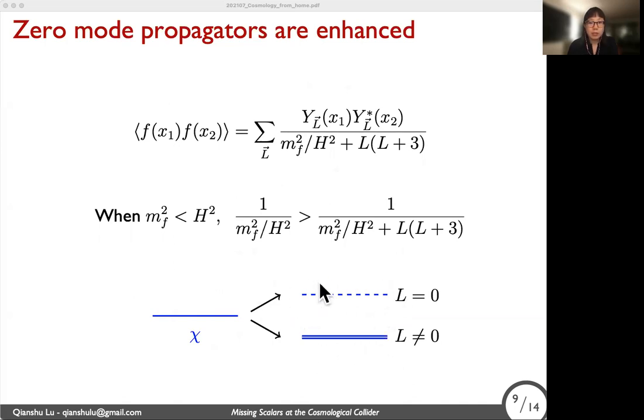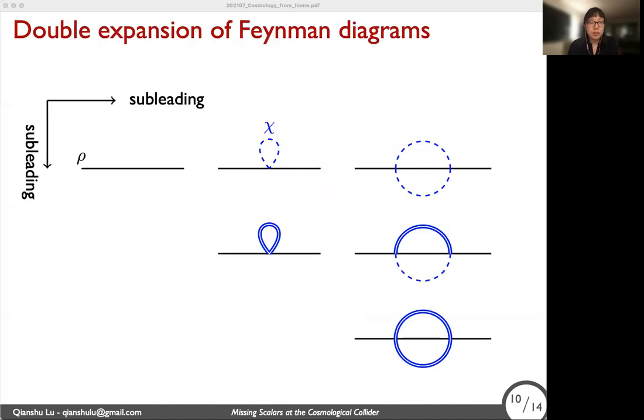And the diagram with a zero mode propagator is parametrically more enhanced compared to the diagram with non-zero mode propagator. Now, in terms of Feynman diagrams, that means in addition to the usual perturbative expansion we have in terms of number of couplings, so 0, 1, and 2, we have another expansion in terms of number of zero mode chi propagators in the diagram. So this diagram is going to be more important than this one. This diagram is going to be more important than this and more important than this.